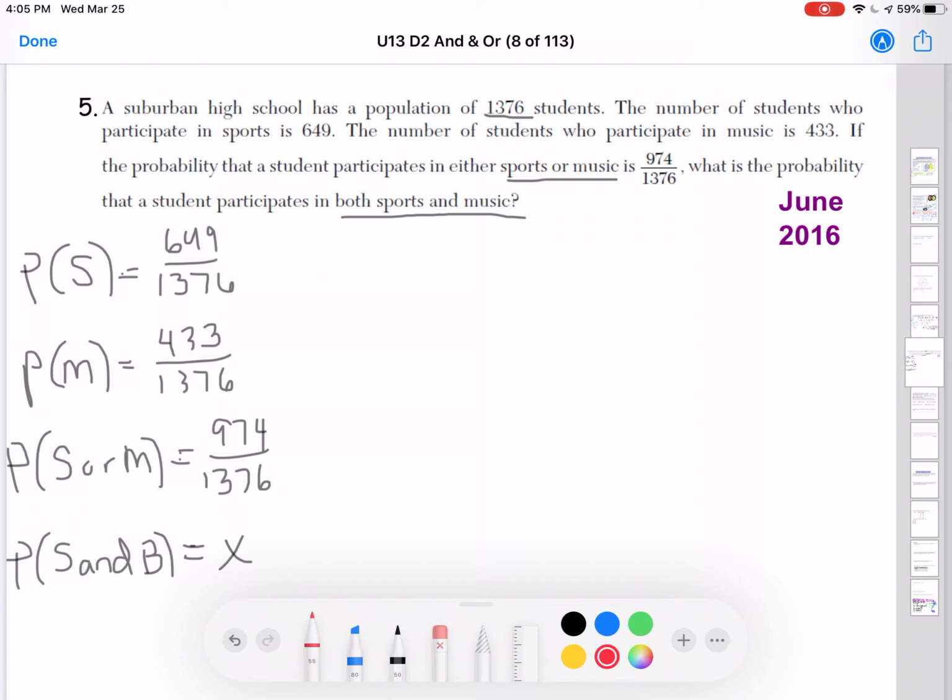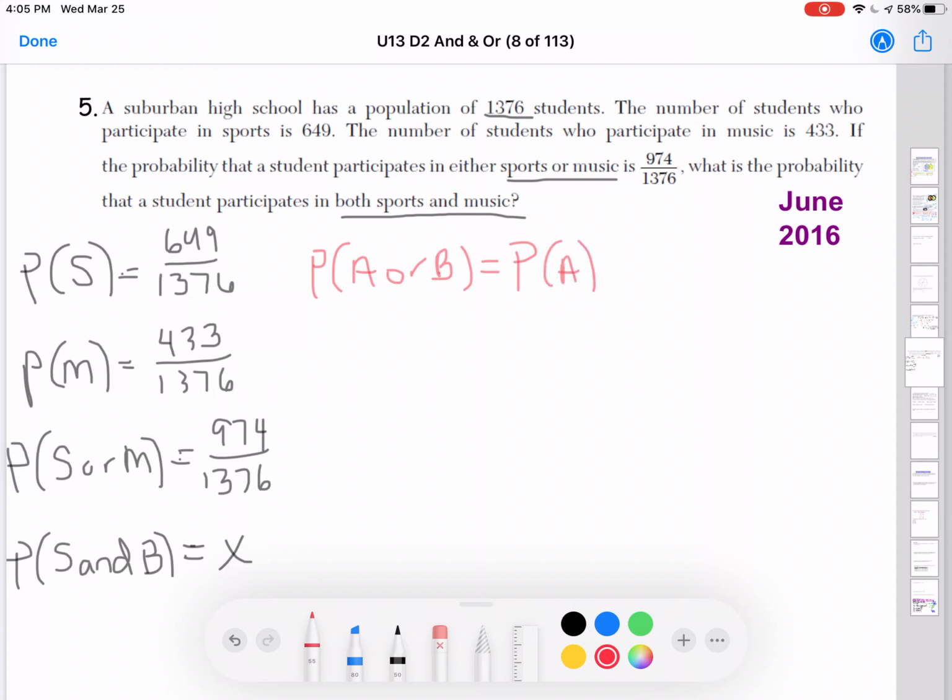So let's just write the formula down. I'll use words this time instead of symbols. I like to always write the real formula first. So the probability of A or B, or is going to be plus minus.